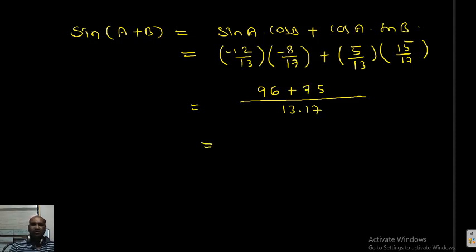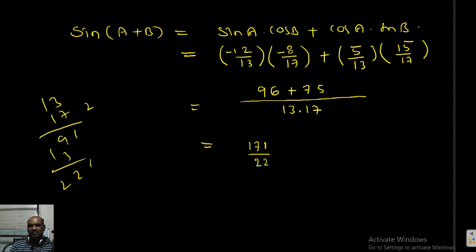So that is equal to 171 by 13 17s. 7 3s are 21, 7 7s are 49, 7 8 9, and 13 1s are 13, 13 2s are 26, 221. So this is the value of sin of A plus B. I will write sin of A plus B equals 171 by 221.